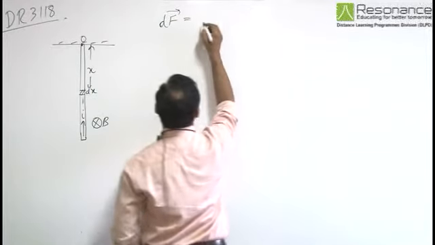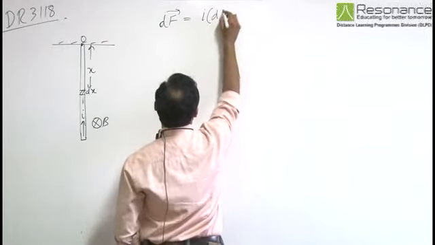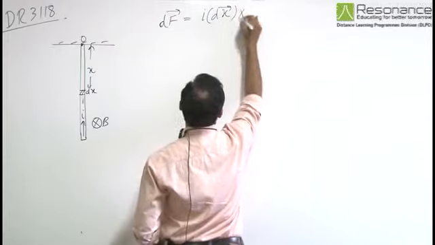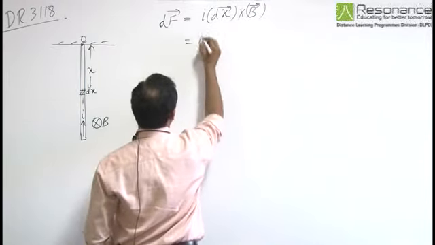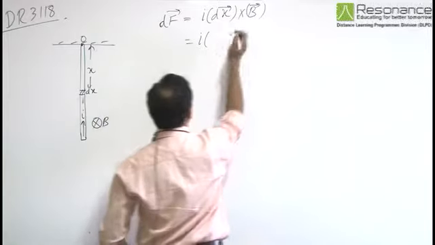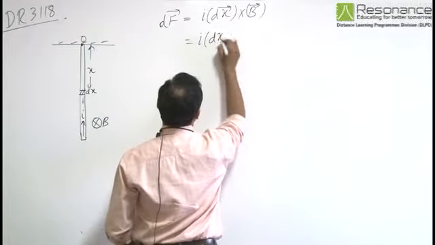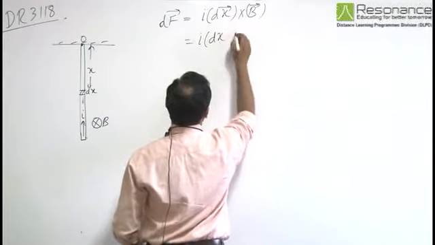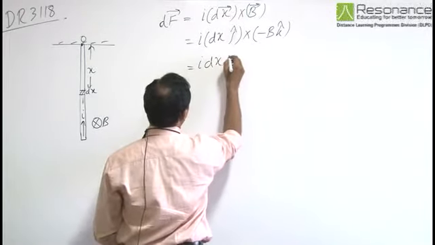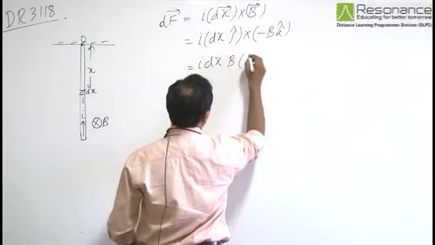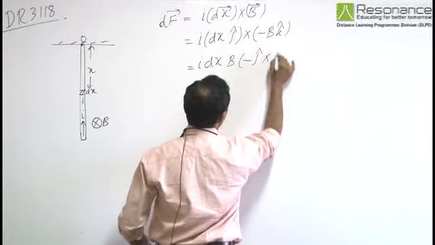dF is equal to I dx cross B, that is equal to I dx, which is dx into j cap, cross minus B k cap, that is equal to I dx B into minus j cross k.